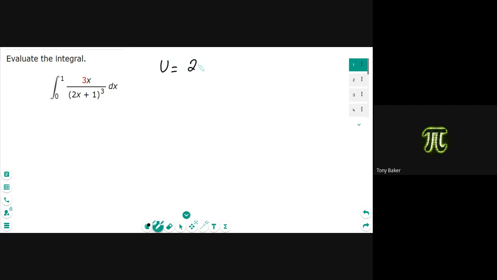So we're going to set u to 2x plus 1. That means du is 2 dx, which means 1/2 du is dx.